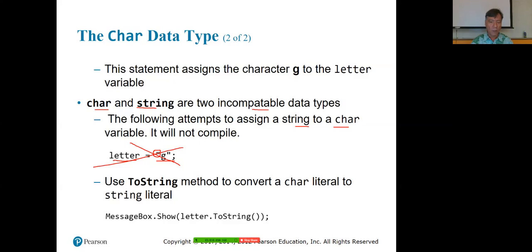If you want to display a character, you have to use ToString, because MessageBox.Show has got to take a string as the argument, and a character is not a string, so you've got to use the ToString method there to do that.